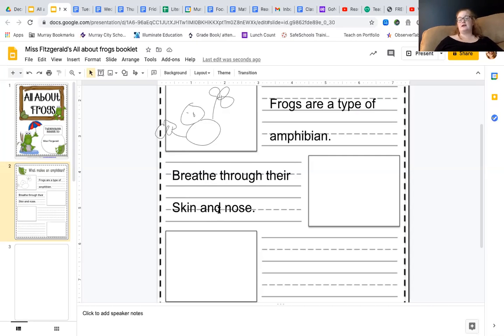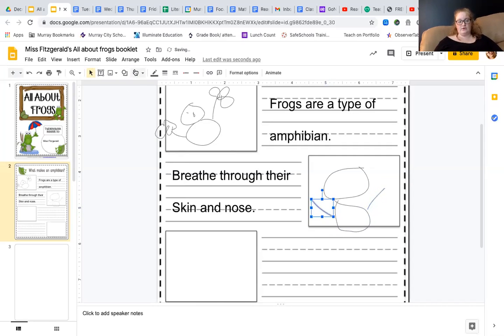You go ahead and write that on the second box. They breathe through their skin and their nose. And when you are done writing that, you can go ahead and draw a picture that goes with that. So I might draw my frog. And my frog is breathing through his skin.